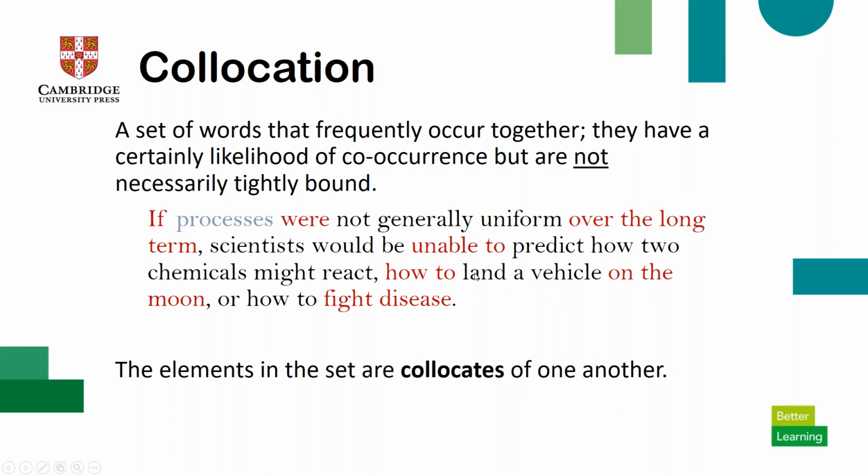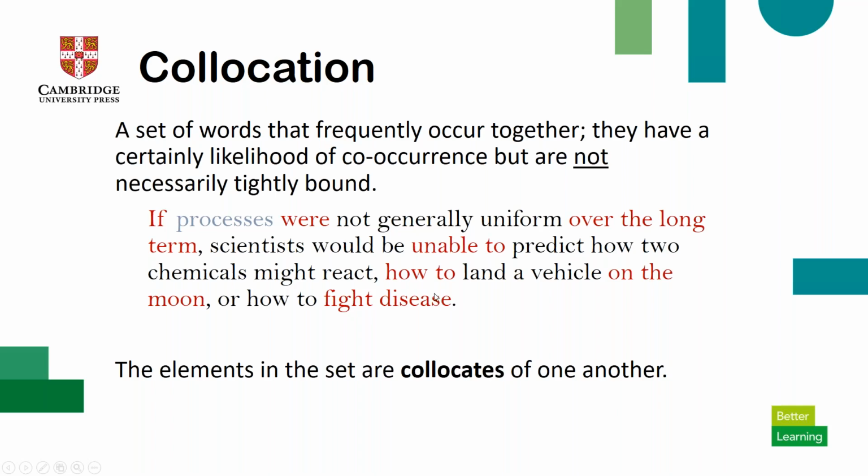Let's take a look. This is just a random text that I pulled out of a file, and this shows how easy it is to find collocations. They're everywhere. When we've got a conditional like this, the "if" and the "were" very often occur together. Over the long term, very, very great friends. They very often occur together.